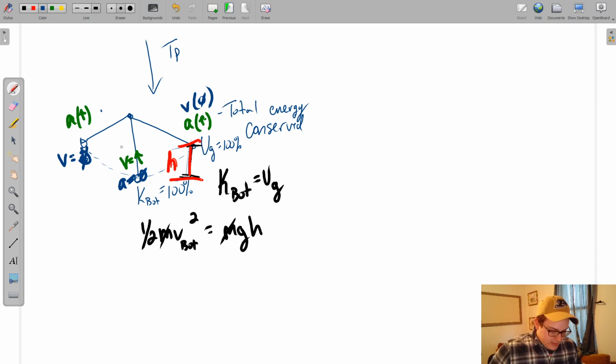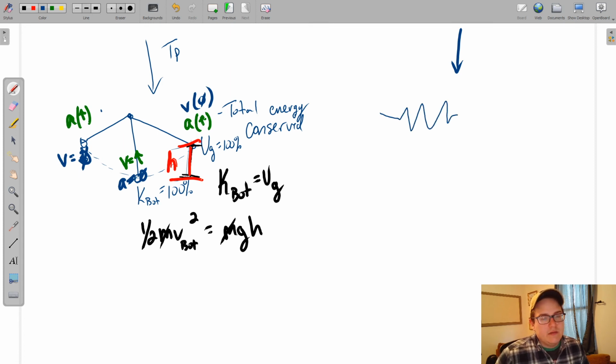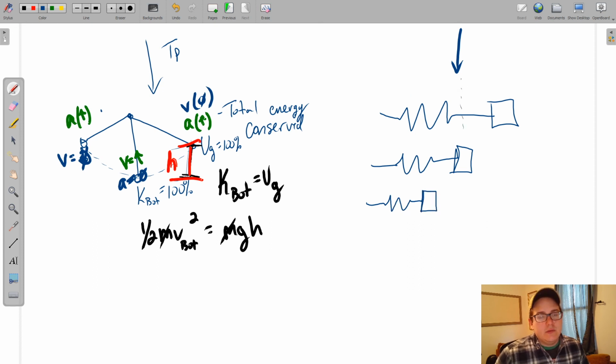Alright, now let's move on from that ugliness and let's look at springs some more. So if I were to draw a spring system again, this time let's make it horizontal. And let's draw our equilibrium from right here.